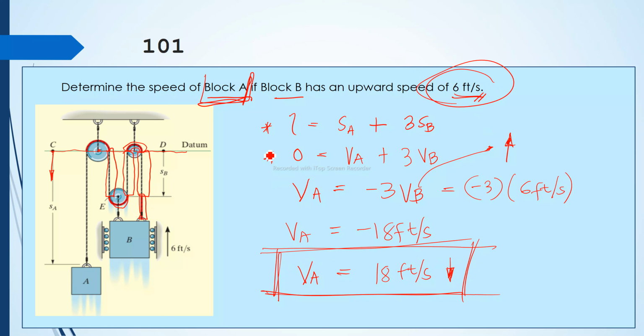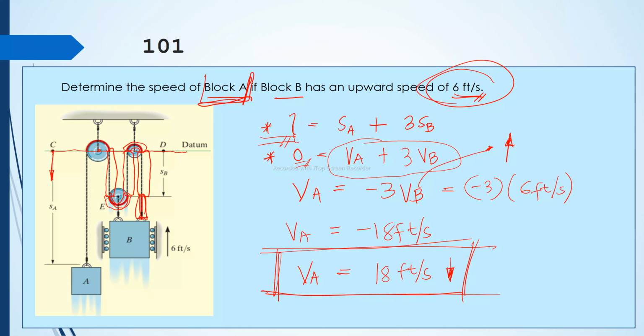So first, we write the equation of its total length, and then we differentiate that with respect to time. That's why we arrive at this one. The derivative of the length is 0 because the length of the chord along the motion of these two particles remains constant. And also, we didn't include the length of these other parts because they remain constant along the duration of the motion.